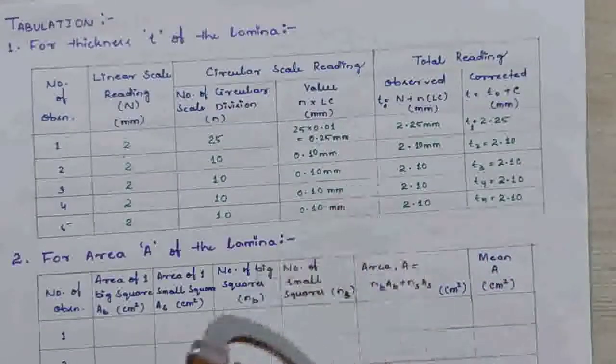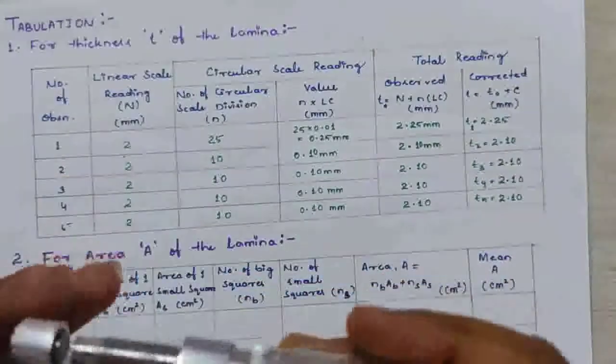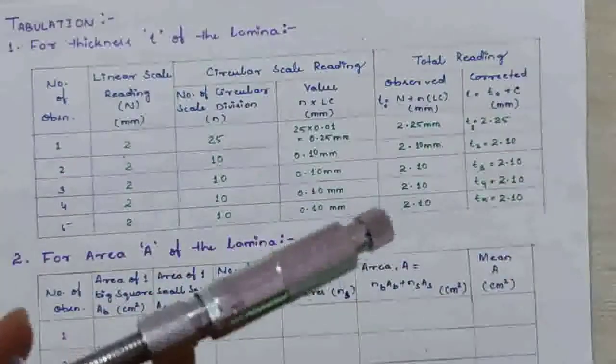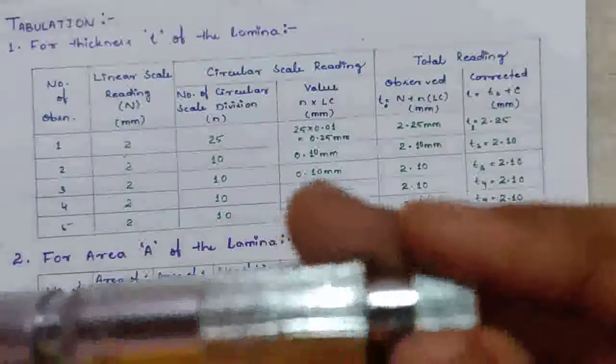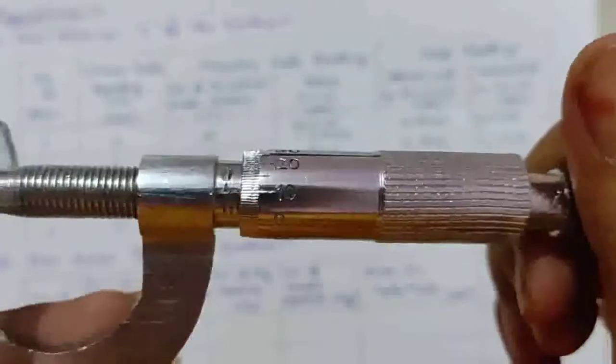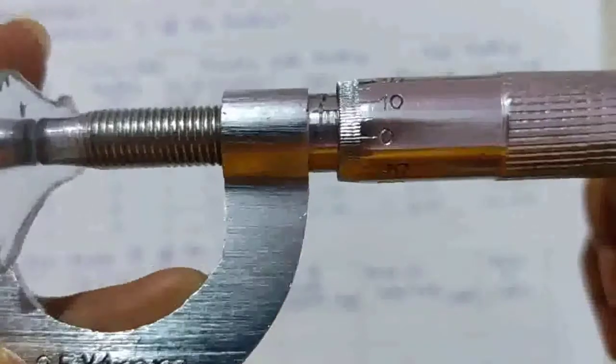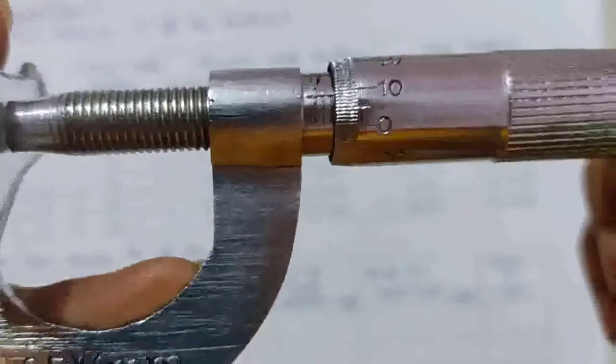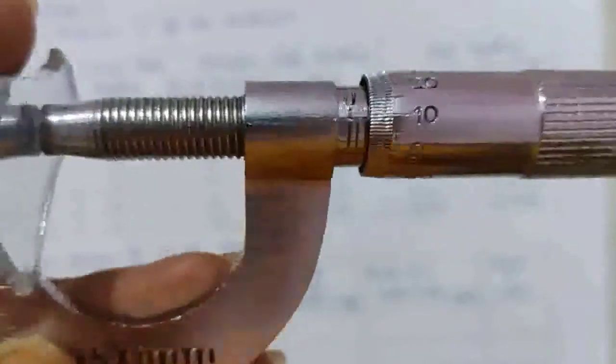So I can see one more observation here also, that it is coming same. So let me fix it here. Yes, it is fixed now. You can see the linear scale reading is also 2 and the circular scale division is also equal to 10. So basically it is coming same. Surprisingly, it is coming a little bit different for the first observation, but that is okay. That is no issue with that.